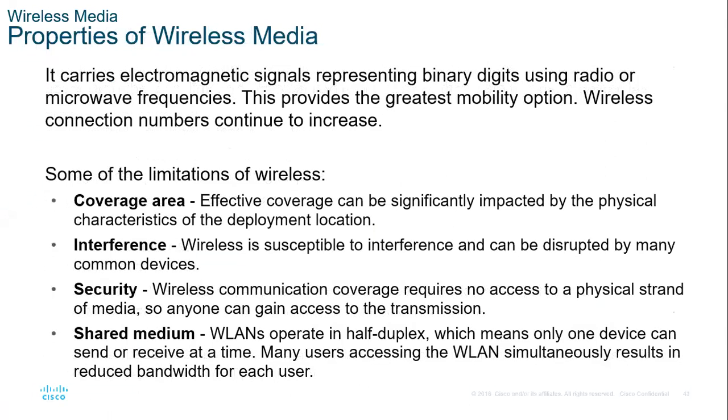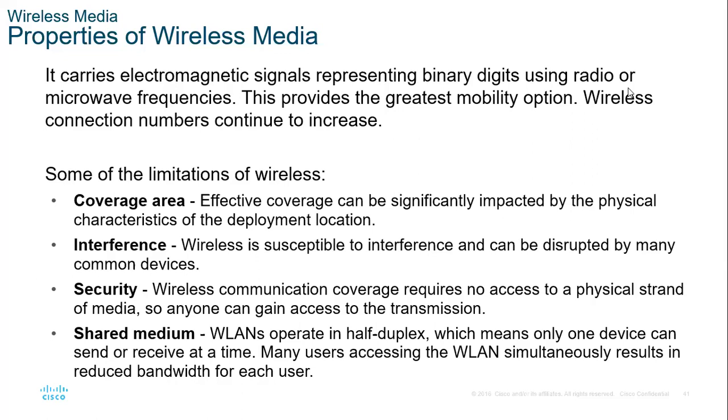Wireless media carries electromagnetic signals representing binary digits using radio and microwave frequencies. This provides greater mobility, and wireless connection numbers continue to increase. Some of the limitations of wireless: coverage area, interference, security, shared medium. These are the limitations of wireless over wired.